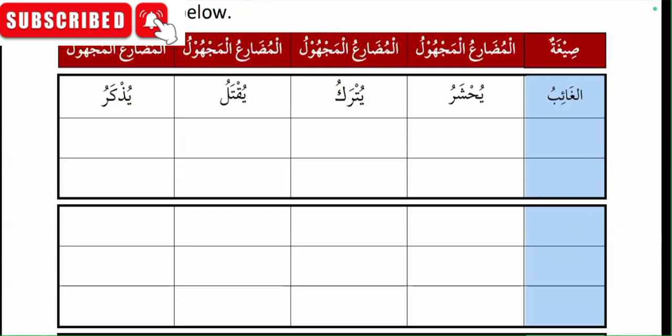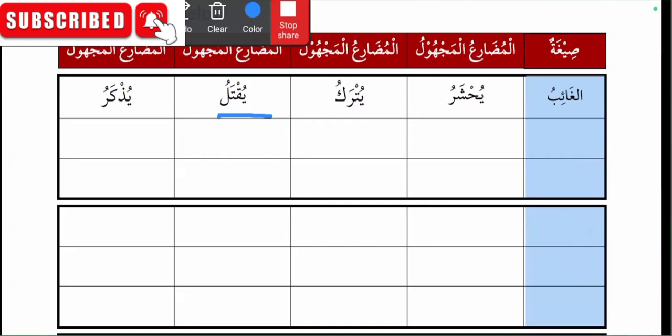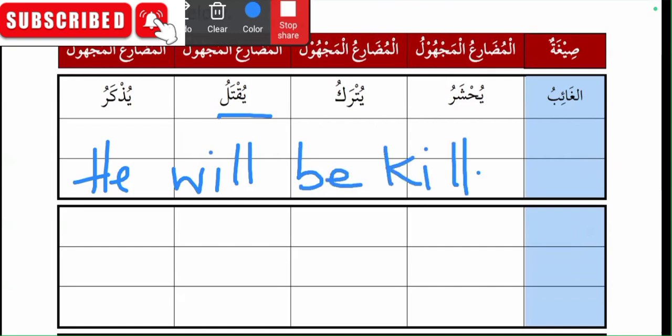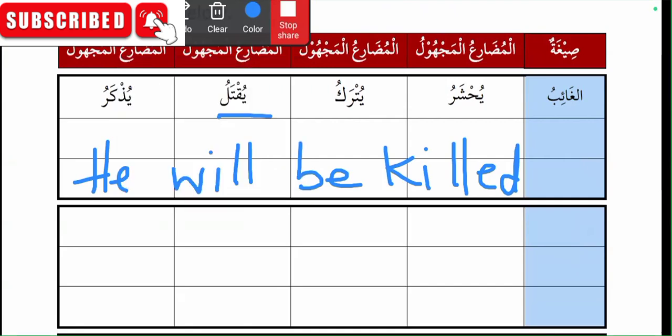Okay, inshallah, coming back to Sister Sabra Karim. Sabra Karim, what is the meaning of yuqtalu? Yuqtalu, he will be killed. Very good. He will be killed. What if it was the word yaqtulu?